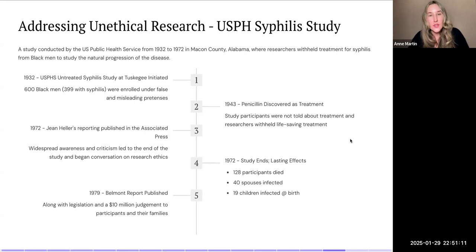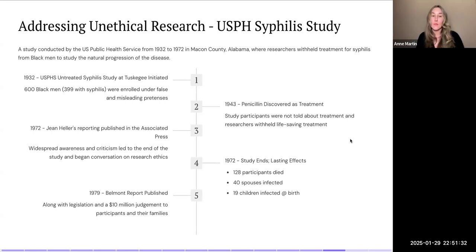And because of this study, this is one of the studies, and this is not the only study, unfortunately, that had such predatory and harmful practices, particularly against Black Americans in the United States. But this study is one that led to the publishing that you'll learn about in the CITI training.